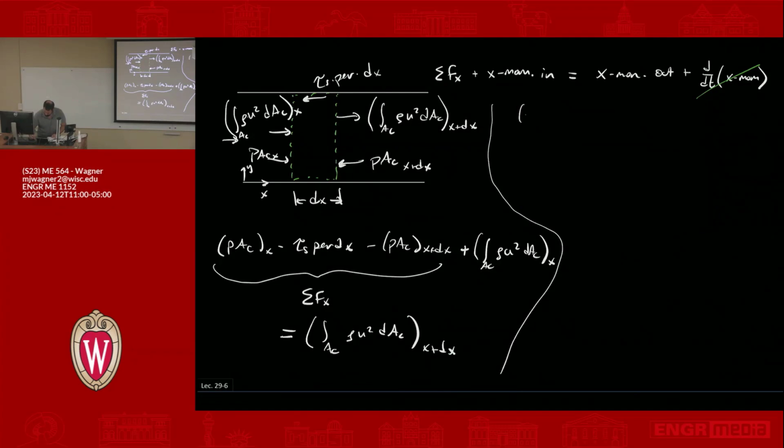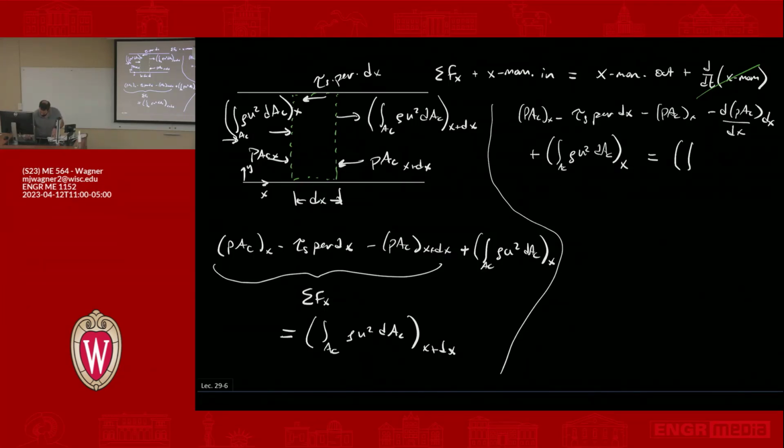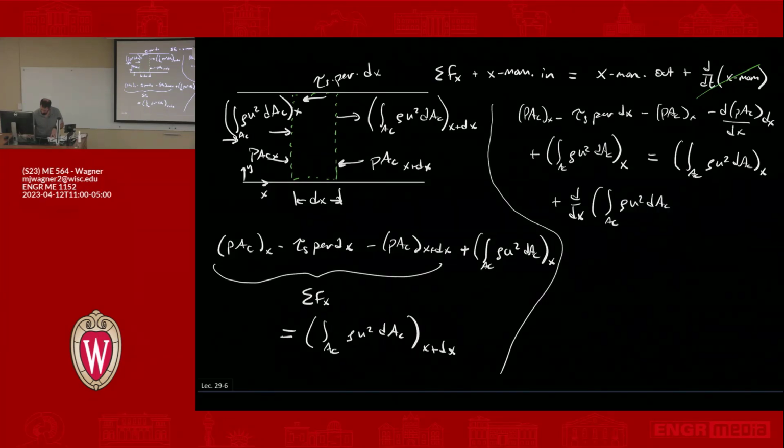P A c at x minus tau s perimeter dx minus, now let's expand out the pressure term, P A c at x minus d P A c dx times dx, plus the area integral A c rho u squared d A c at x is equal to, expanding out the momentum, the area integral of rho u squared d A c at x plus d dx of that, times dx. Did I miss anything here? I think that's it.